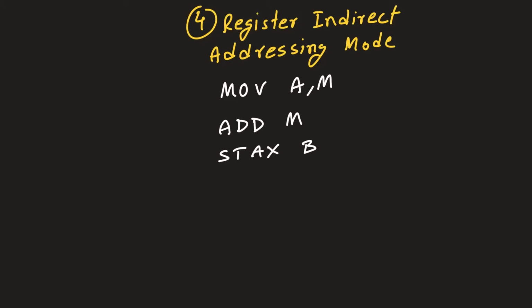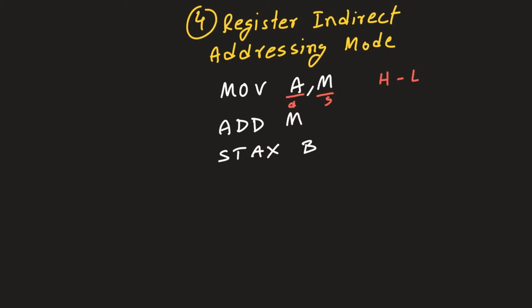In this instruction, the content of HL pair is treated as a memory pointer. We have seen earlier that whatever we have after the comma is always the source, and before the comma is the destination.